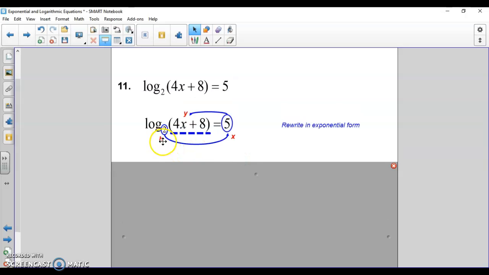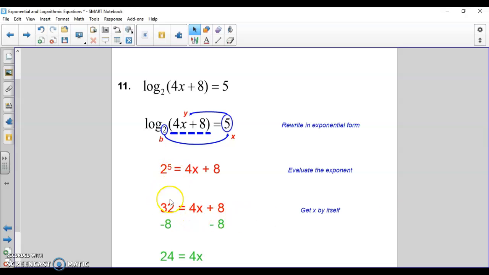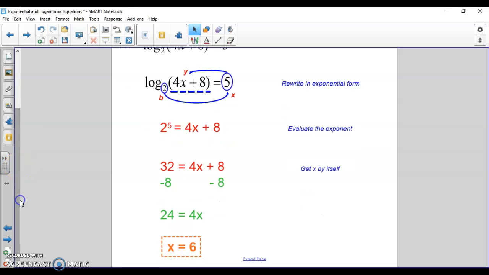So 2 to the 5th equals 4x plus 8. Evaluate the exponent. 2 to the 5th is 32. Then you just work on getting x by itself. Subtract 8, divide by 4, x equals 6. First step's the hardest on all of these equations. Once you get past the first step, it's usually okay.